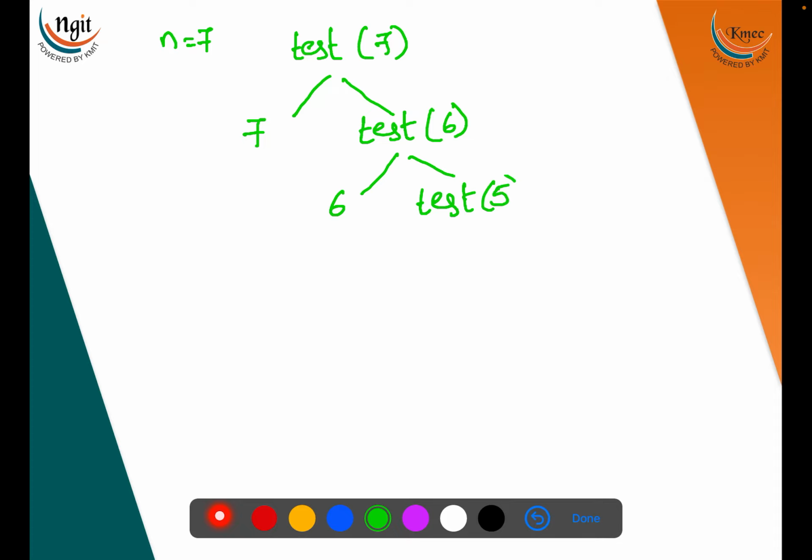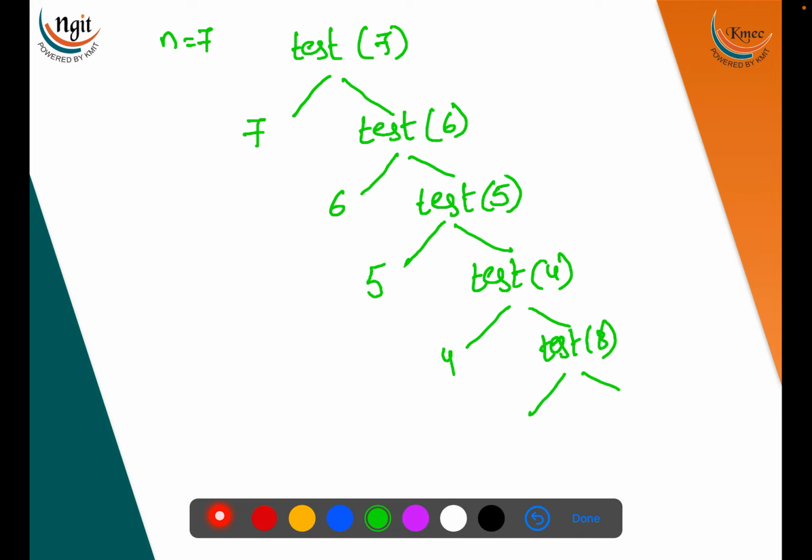Now test(5), the function again calls with the value 5, and 5 appears on the screen. Now test(4), 4 appears. Test(3), 3 appears. Test(2), 2 appears, test(1), 1 appears, test(0). This is the tracing tree.